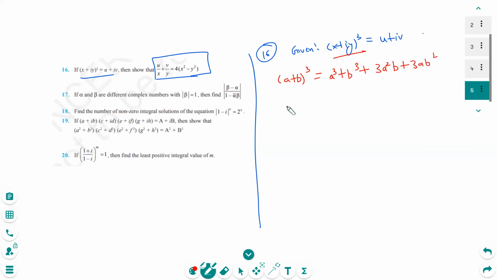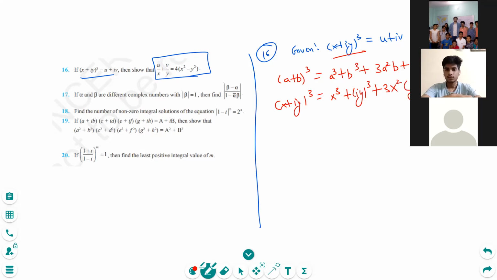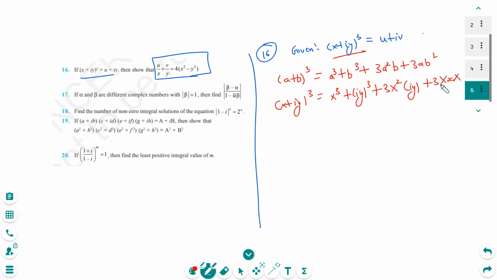Now if I open this up using this identity, I will get a cube, that is x cube, plus b cube plus 3a square b, where b is iota y, plus 3ab square, with x in multiplication coming out, so x times b square.